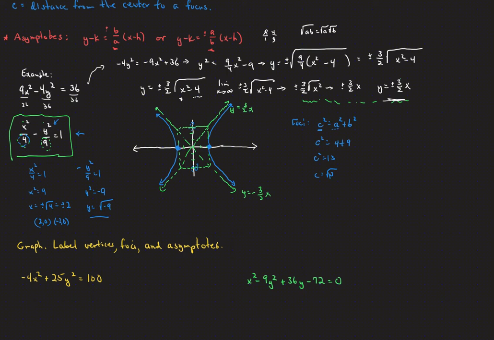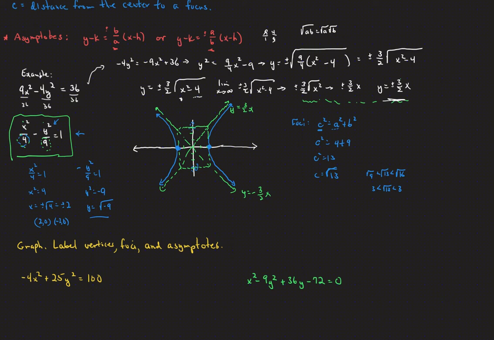The foci always go on that major or transverse axis, the same line that connects the vertices. So the square root of 13, we know, is in between the square root of 16 and the square root of 9, so it's in between 3 and 4.